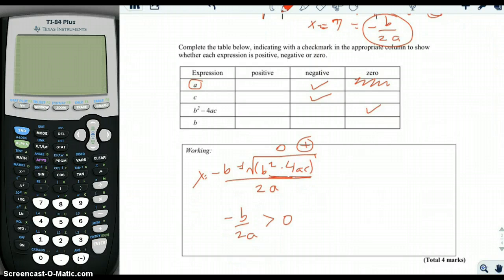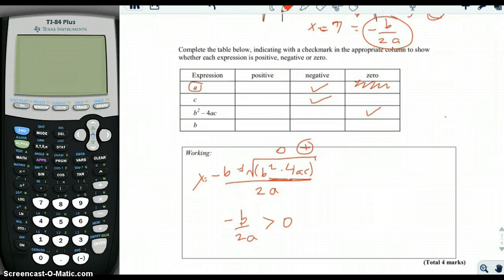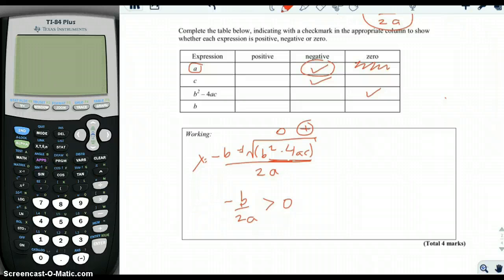And we do know that a is what? Positive or negative? We already said a was negative. So if a is negative, then this negative would cancel out with this negative, okay? And then, would b be positive or negative?